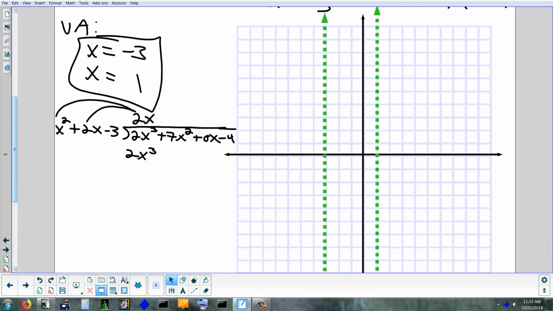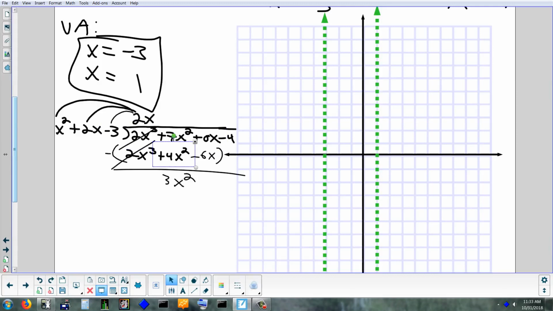How about 2x times 2x? 4x squared. And 2x times -3. -6x. And subtract. 2x cubed minus 2x cubed is gone. 7x squared minus 4x squared, 3x squared.